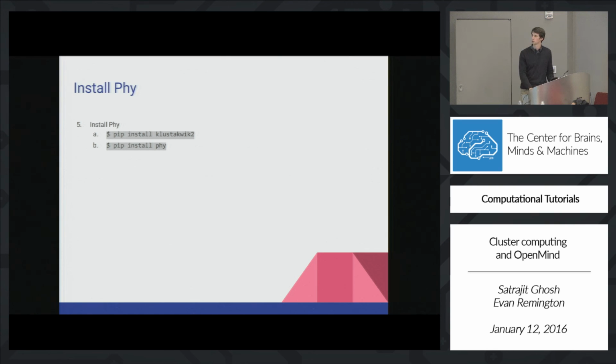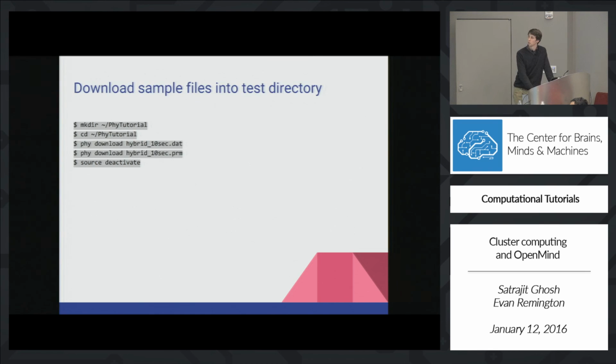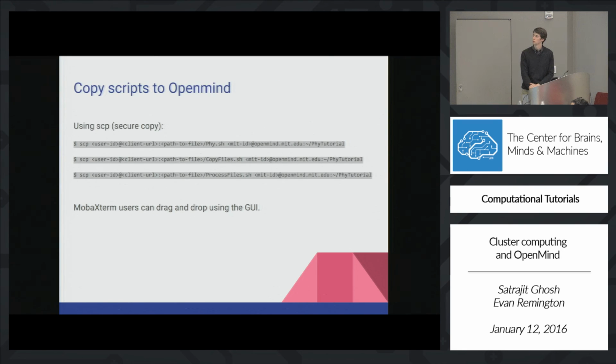Pip install klustakwik2, which is the clustering program, and then phy, which does things like spike detection and has a GUI for sorting through the spikes manually afterwards to fine-tune things. You're going to download the test data, and then we're going to copy over some scripts that I generated for you guys that you may have downloaded from the website already.